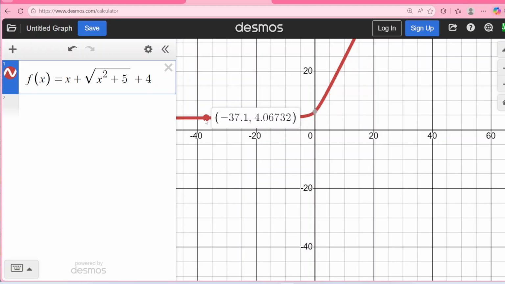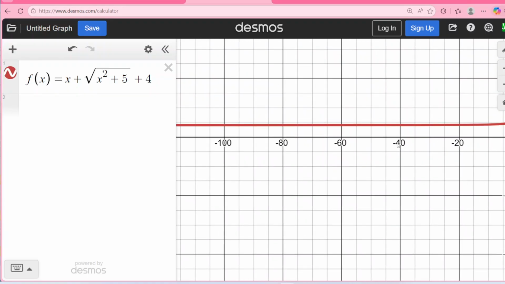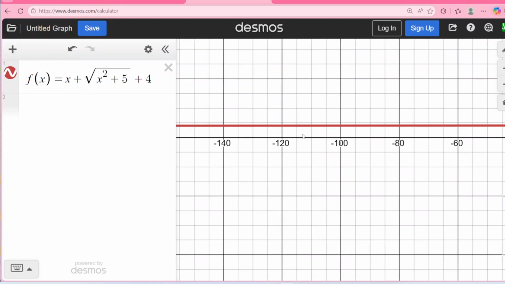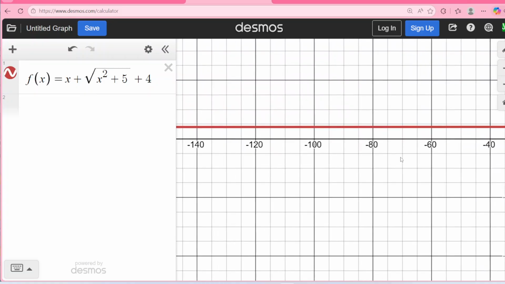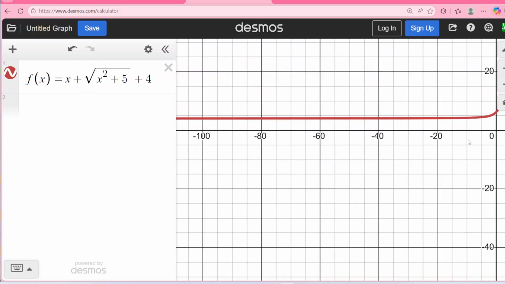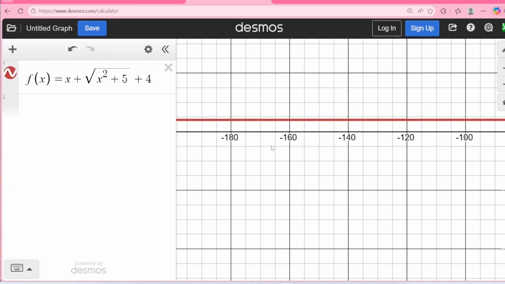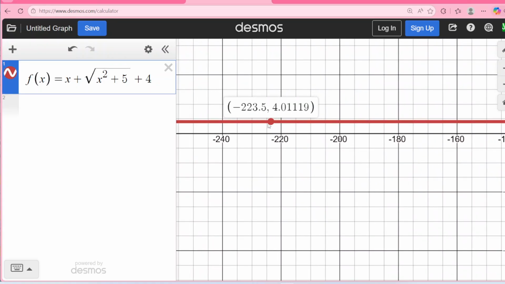It's getting horizontal as you move to the left, not going up forever or down forever. It definitely has some horizontal asymptote. Even just looking at the points I had highlighted, it looks like it's approaching 4. When the input is negative 89.8, the output is 4.02, and way out here, it's 4.01.